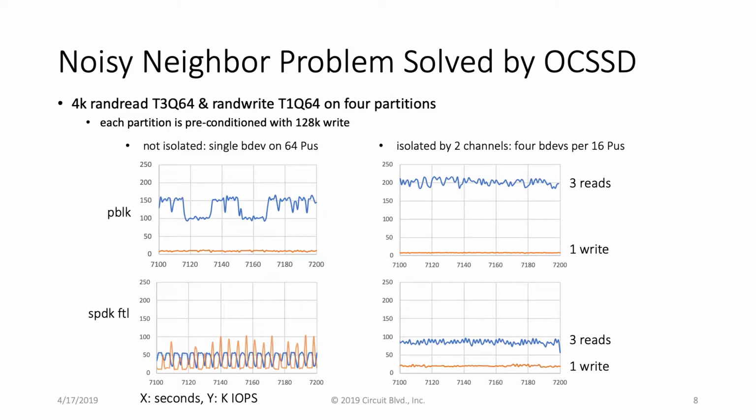The diagrams on the left are basically the straightforward single block device running all 64 PUs simultaneously. And you can see that when we have applied 4 random reads with a random write, even though the memory is partitioned into 4 different partitions, we are running into this noisy neighbor issue.